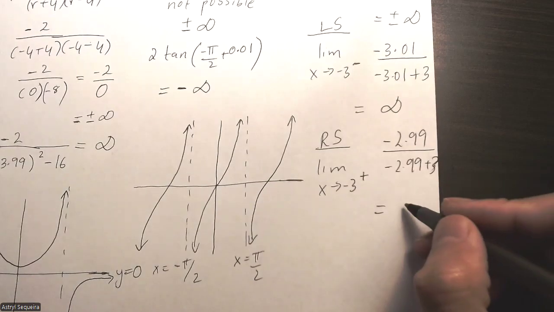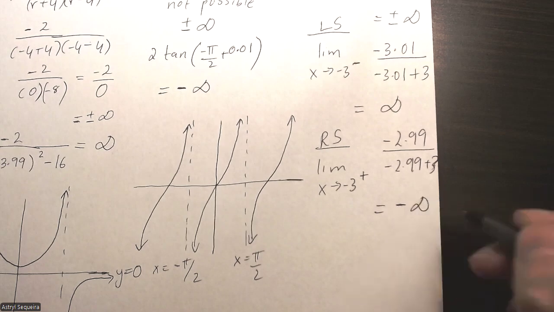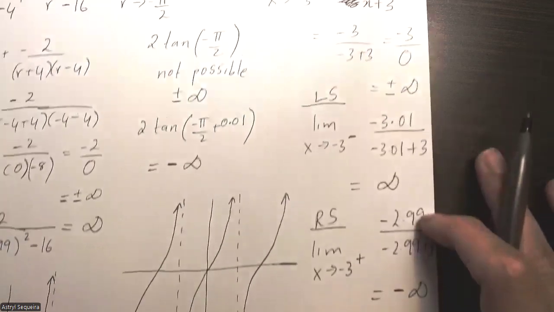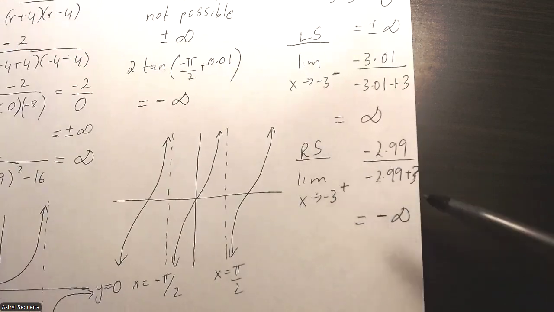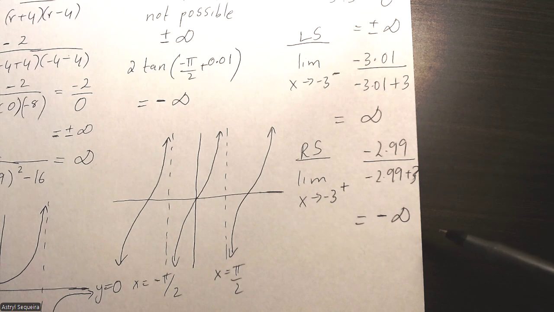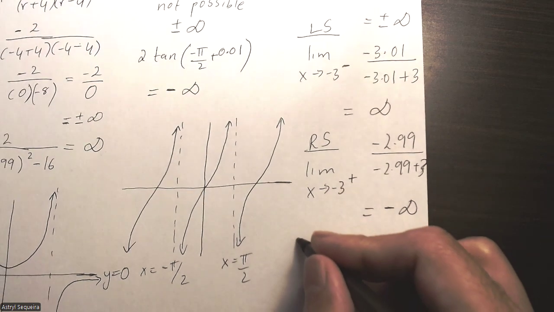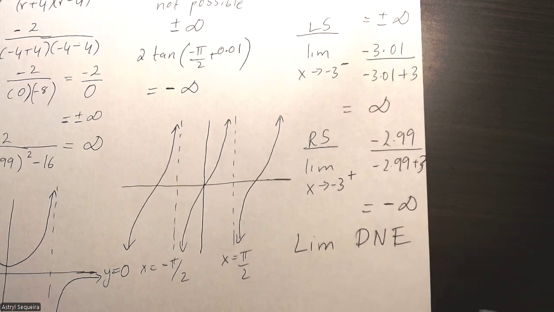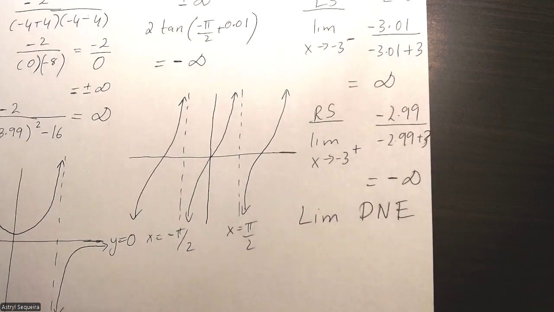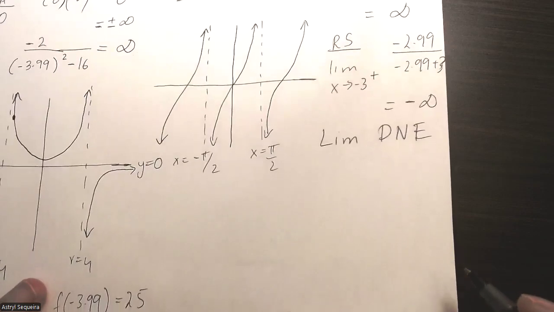And I get -299, which is negative infinity. So if the left side limit approaches positive infinity and the right side limit approaches negative infinity, it means that the two limits are approaching different areas, which means that in this question, the limit does not exist, because if your left side and right side do not approach the exact same value, the limit does not exist.